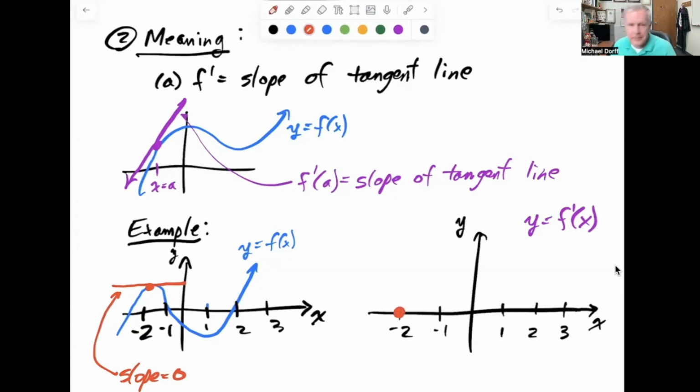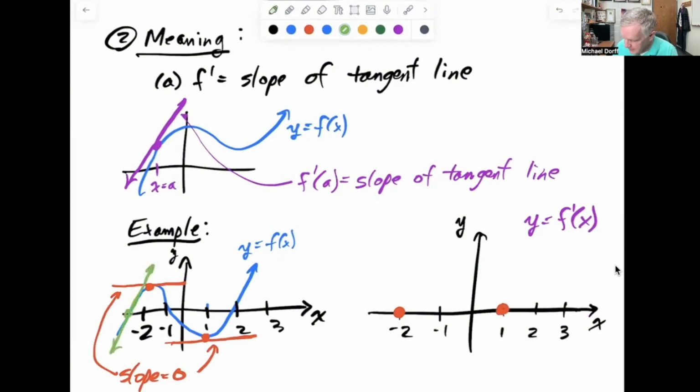That means for the graph of my derivative, I should have the point x equals -2 and y equals 0, because the slope is 0. Likewise, if I draw the tangent line at x equals 1, the slope of that is also 0. So on my graph of my derivative, I should have a 0 there. Now, if I take a point on my blue line where x is less than -2, I draw a tangent line there.